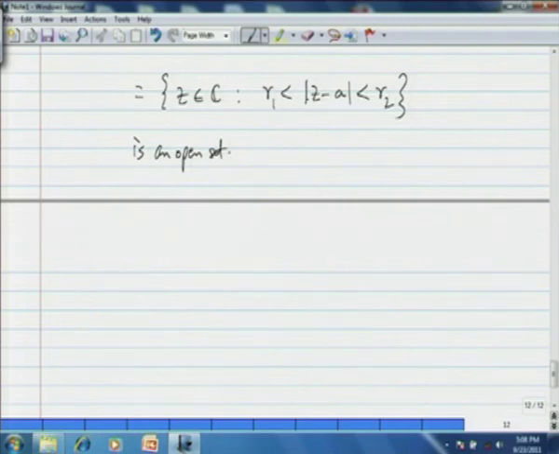Next, we can also produce, I want to say that the upper half plane, the set of all complex numbers such that the imaginary part of z is strictly greater than 0, is an open set.